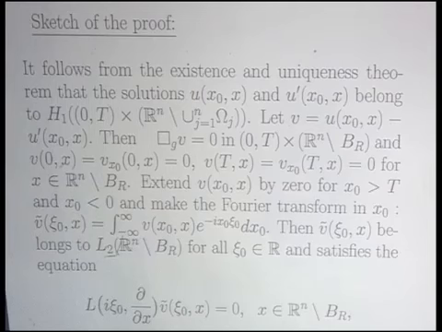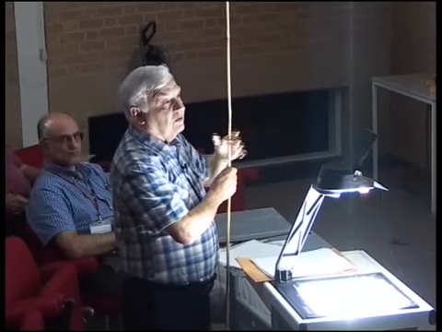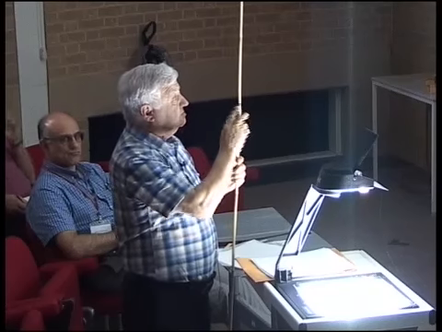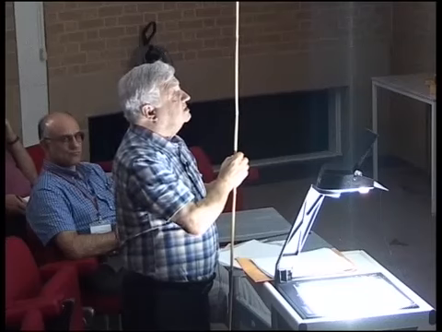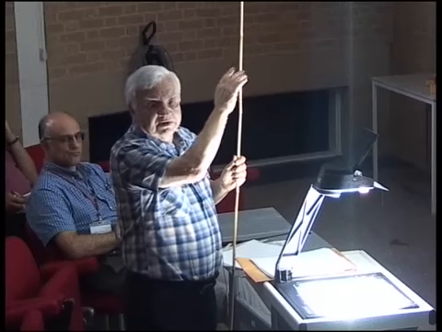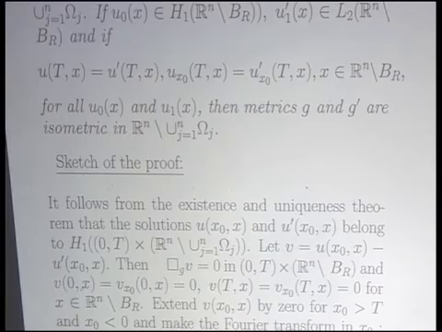Then the difference satisfies the wave equation outside of the ball, because maybe I did not tell this repeatedly, we assume that the two metrics coincide outside of the ball. So u and u prime satisfy the same equation. So the difference satisfies the wave equation outside of the ball, and moreover, by condition, it has zero Cauchy data for t equals 0 and t equal capital T.